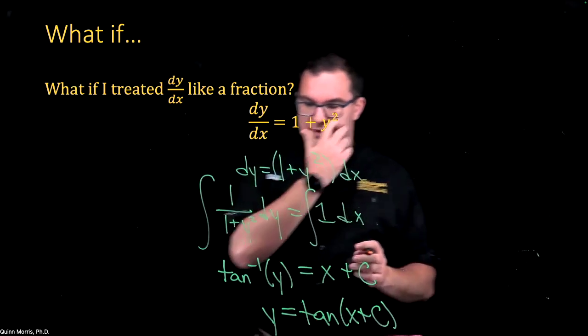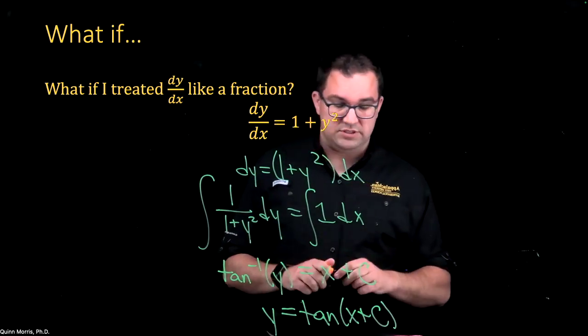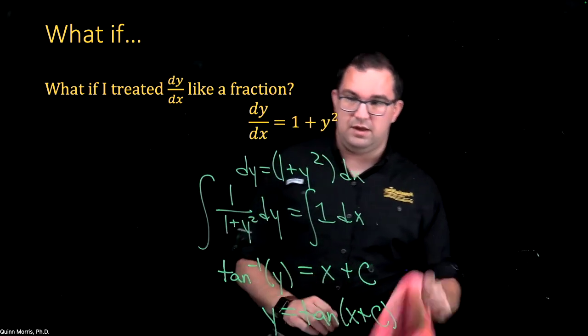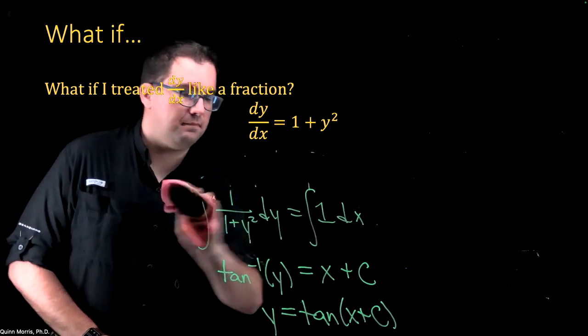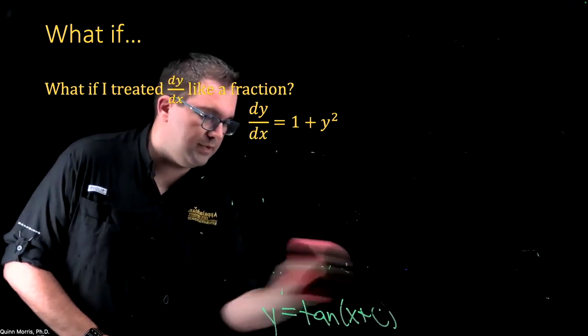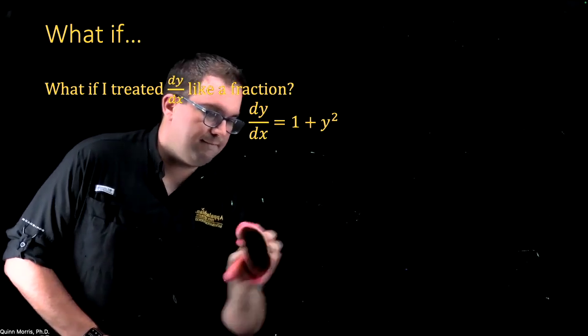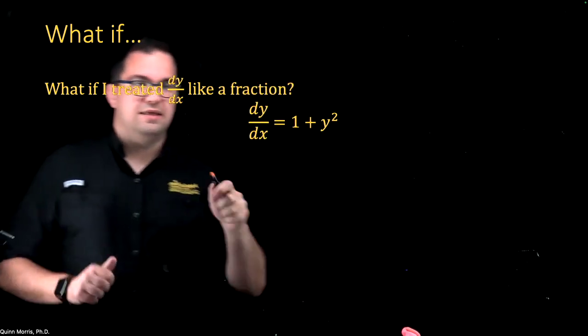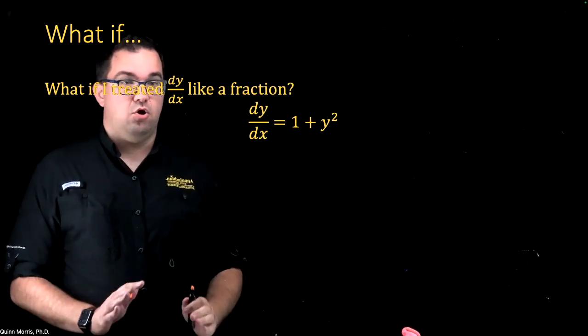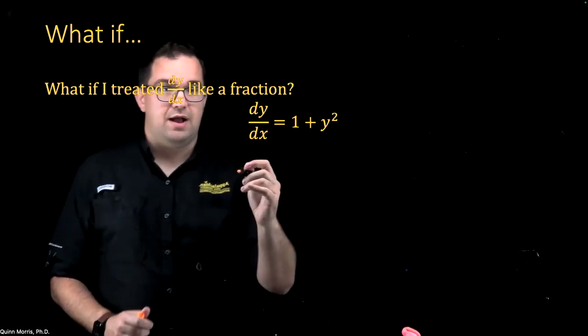Now, what I'll point out is that if you wanted to be really precise about this, you could, in fact, more rigorously justify this. So what you could do instead would be to leave the dy dx piece alone. You can't treat it like a fraction. It's not a fraction.